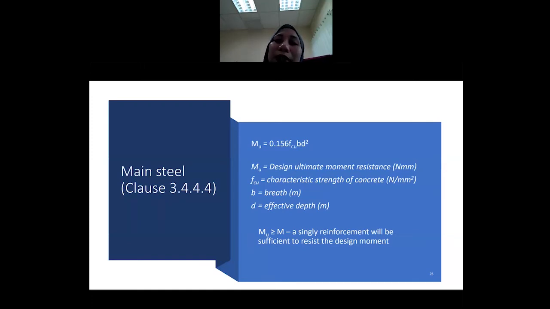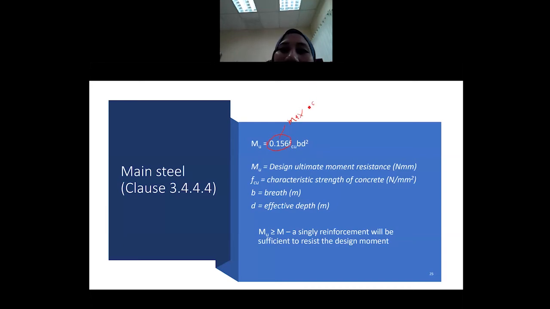Okay, so under mild steel, so you nampak kat sini MU, so ini adalah design ultimate moment resistance. Okay, macam ni senang cerita. 0.156 you see here, this is the maximum value.